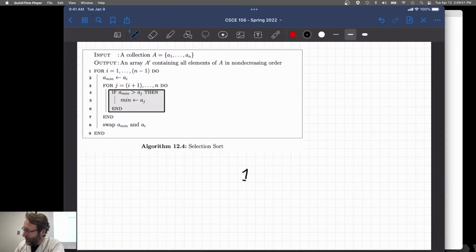You're doing 1 comparison on line 4. Now the question becomes, this block right here, how many times is that block executed with respect to the outer for loop that it's inside of?